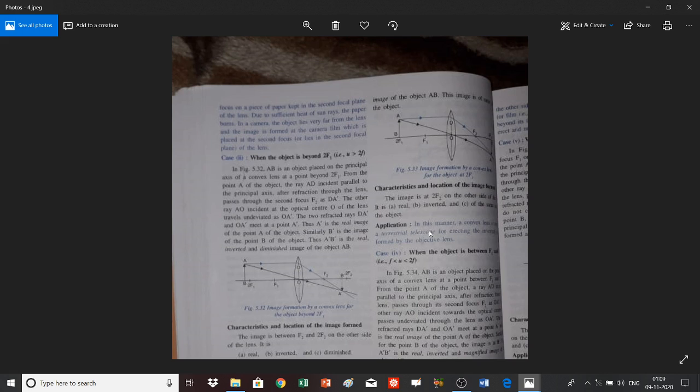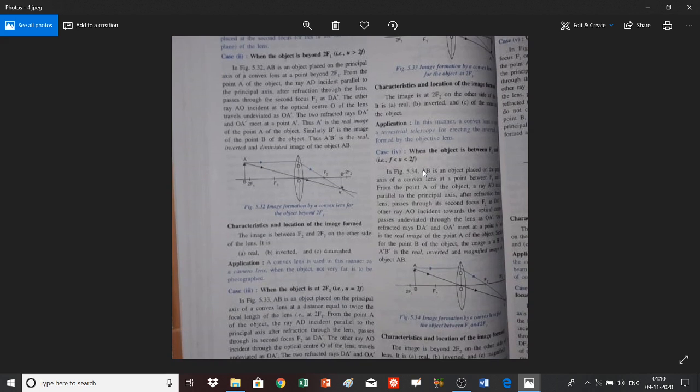As an application, a convex lens can be used in a terrestrial telescope for erecting, in those telescopes which are used to view the space, using this formation of image that happens in this case.